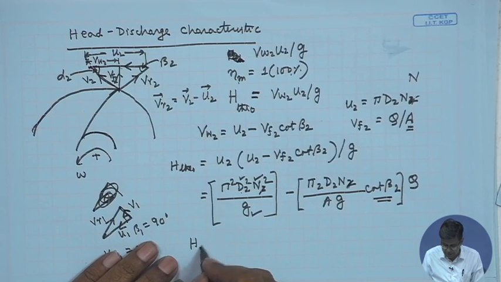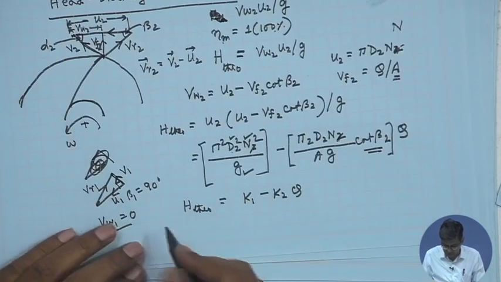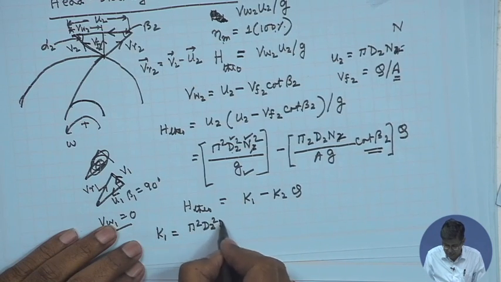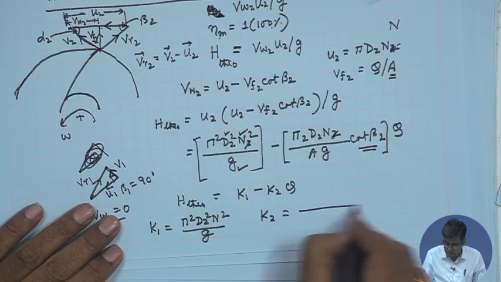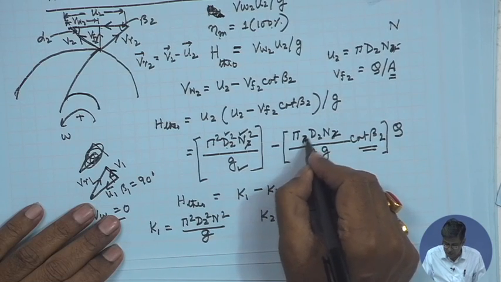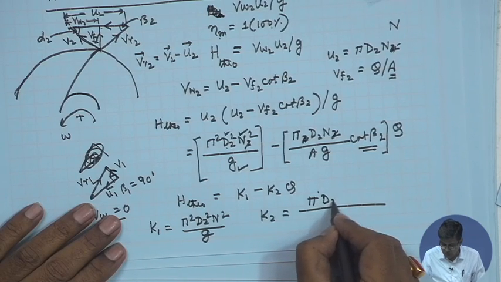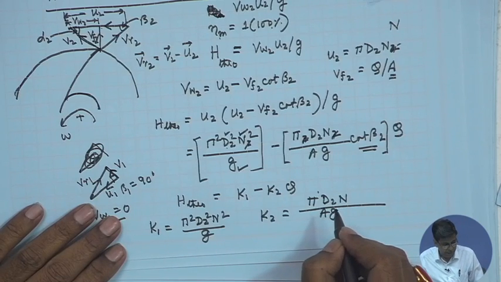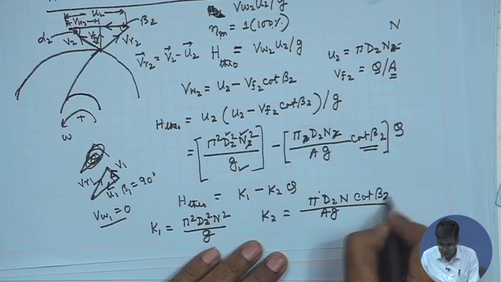So, therefore, H theoretical can be written as K1 minus K2 Q, where K1 is equal to pi square D2 square N square by G and K2 is equal to, sorry, here also pi, not pi square, pi D2 N by Ag, into cot beta 2.